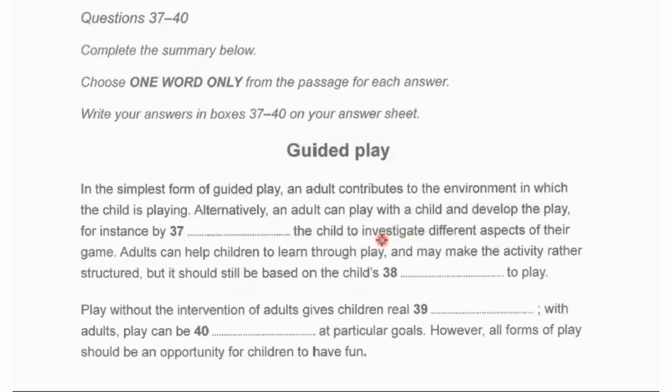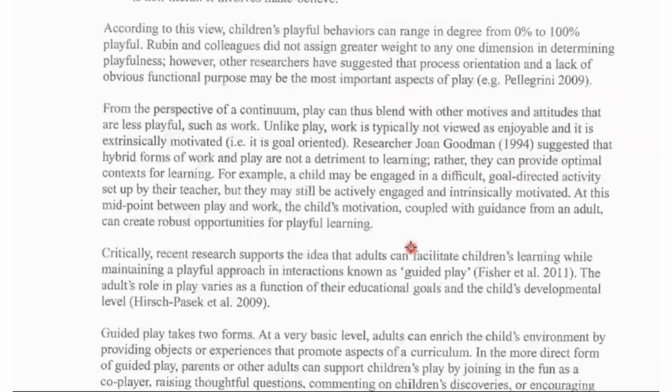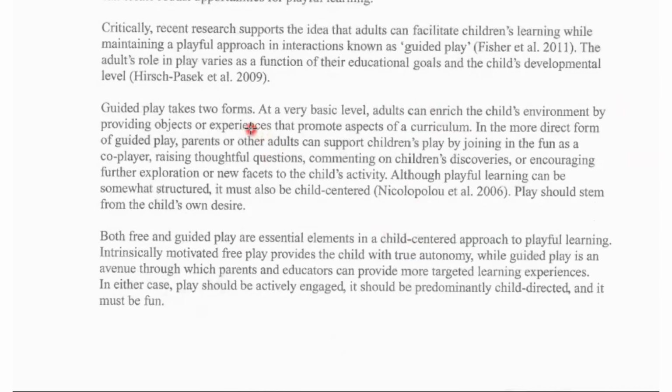So I need to study that sentence carefully to look for the word that fits into this gap. For instance, by dash the child to investigate. For instance, by doing something to the child to investigate. Parents or other adults can support the child to investigate. By support the child?